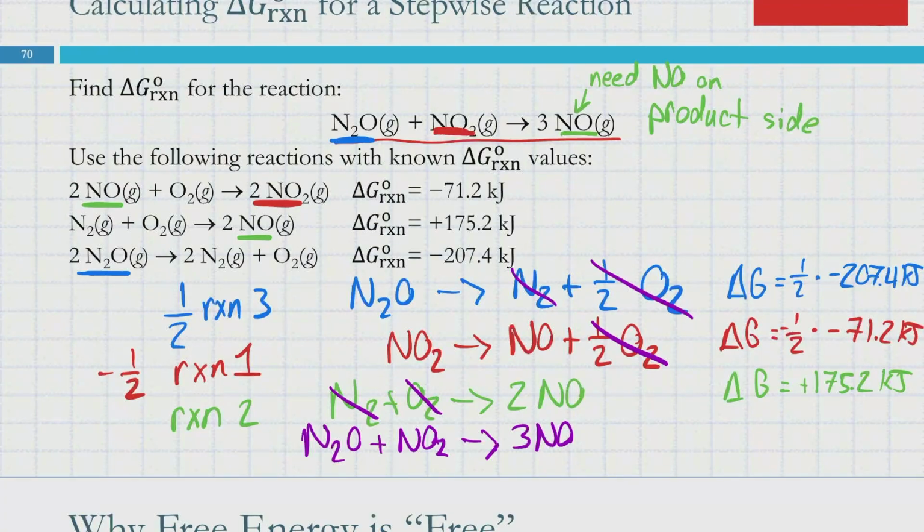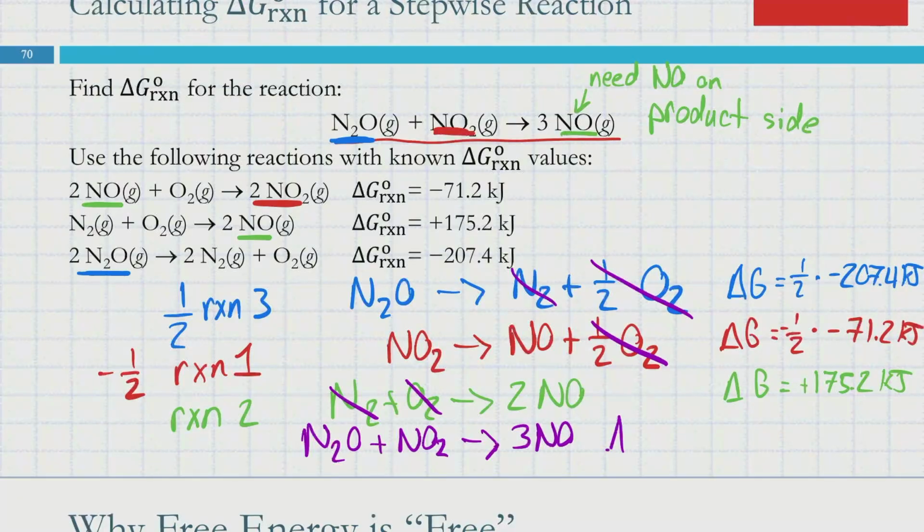So just showing that we're ending up with the correct reaction in purple there. Realistically, we can think of it as a set of 2 steps, where in this third line, we're taking the N2 and the O2 from our first 2 reactions and turning that into more NO.